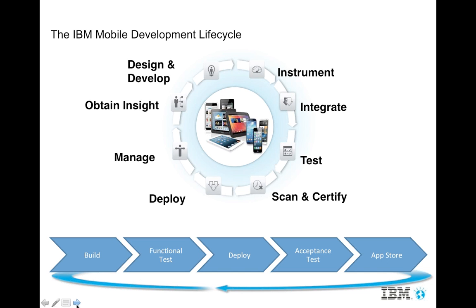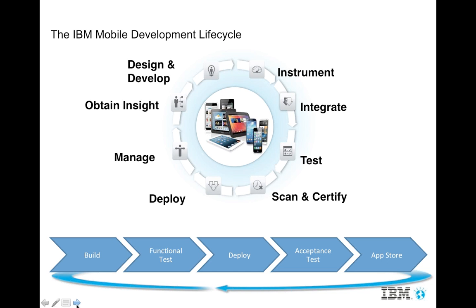How do we know what's going on inside the application? We're looking at integration. We want to do real work with our applications, engaging with existing enterprise data systems in a secure manner. We want to be able to test, and we want to know that what we're putting out is good quality. We want to scan and certify.